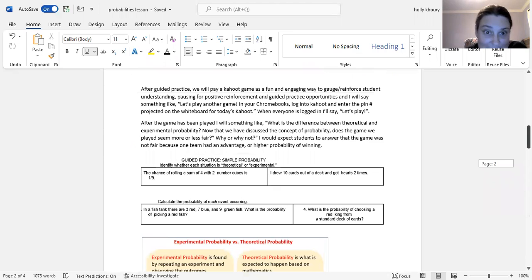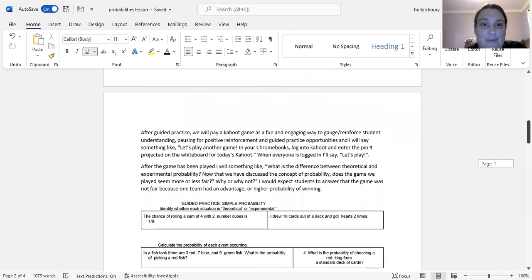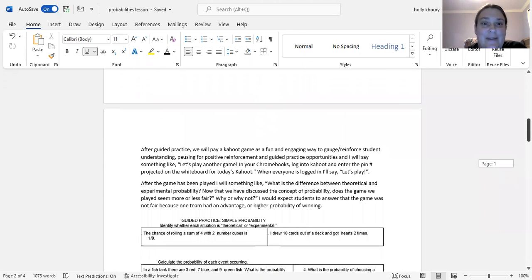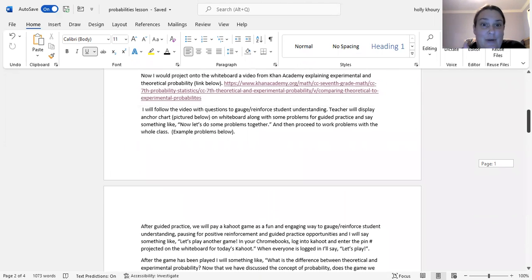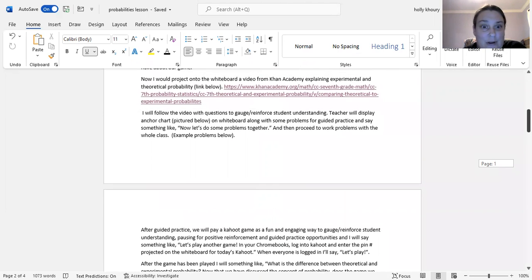You probably have one in your pocket or purse or bag that you can actually bring out for the students.